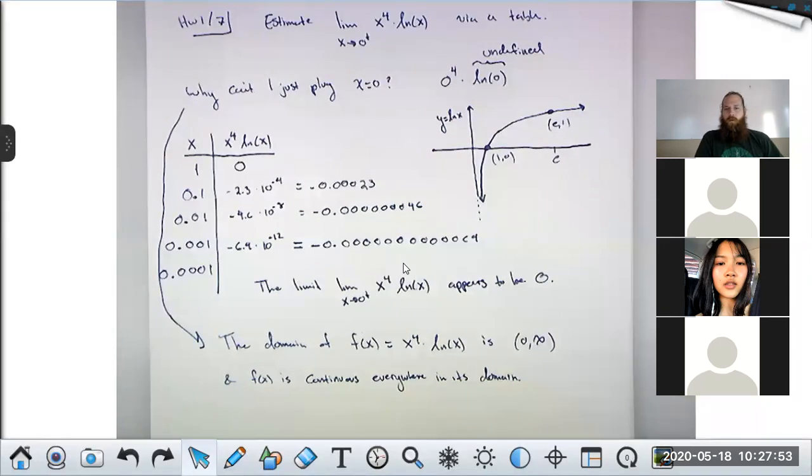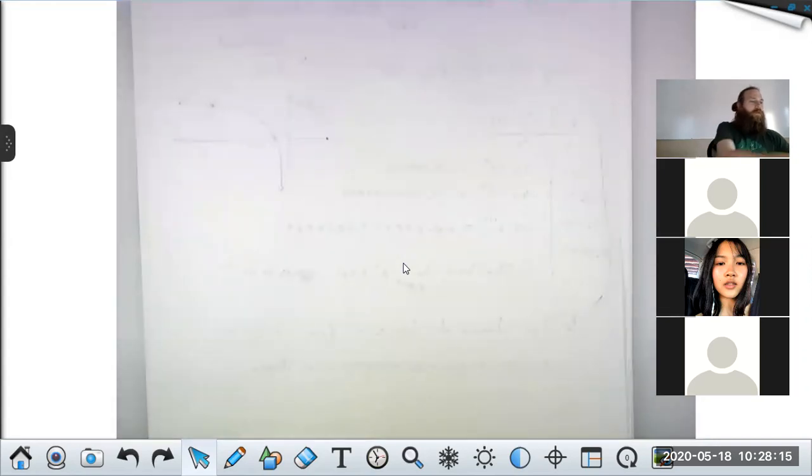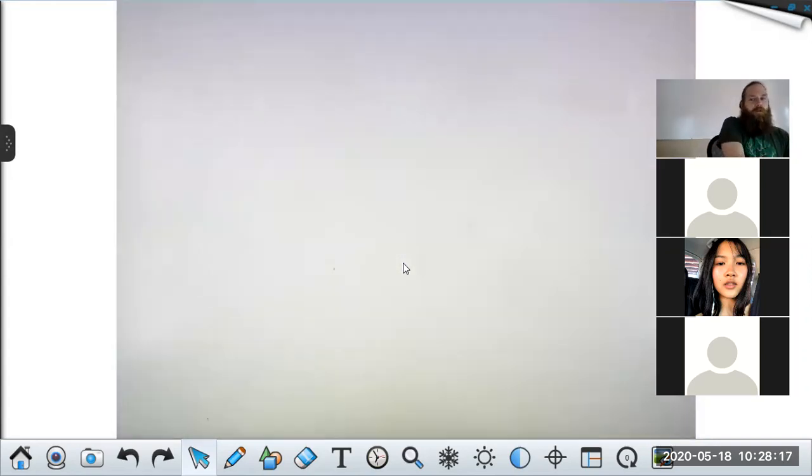Is there anything else that we're wondering? Okay, I think there was one more question from the homework that you wanted to look at, and then we will return to these algebra tricks.